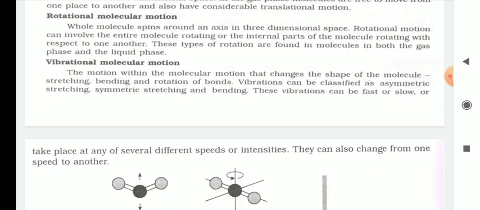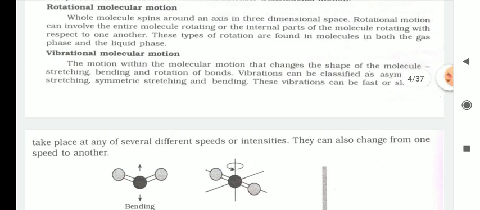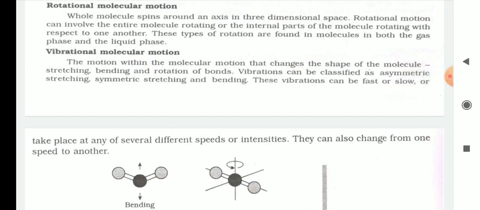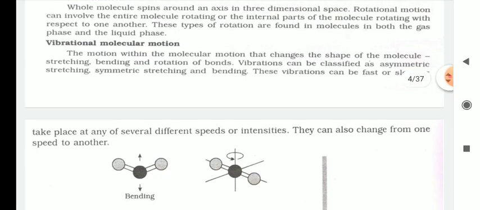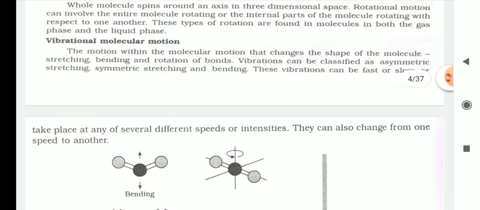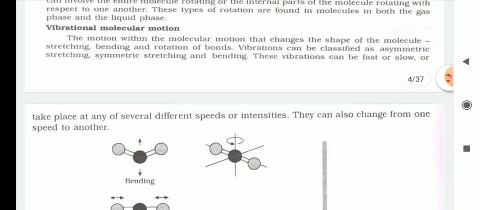The rotational motion of the molecule corresponds to the rotation of a molecule about a fixed axis. The internal parts of the molecule rotate with respect to one another, and this corresponds to the rotational motion of the molecule. So the rotational motion is present in molecules both in gaseous phase as well as liquid phase.